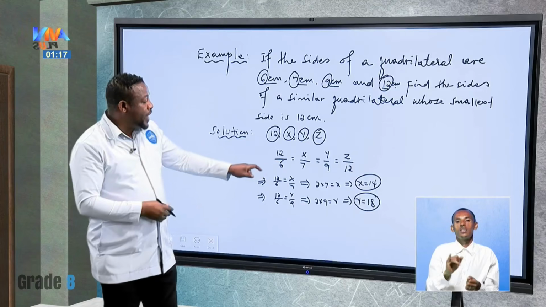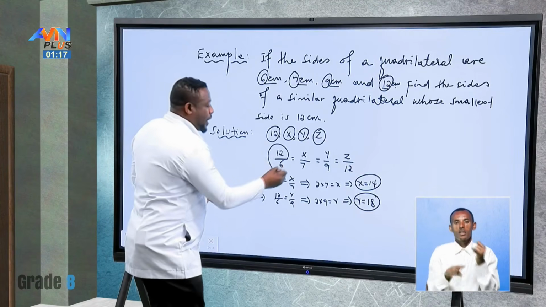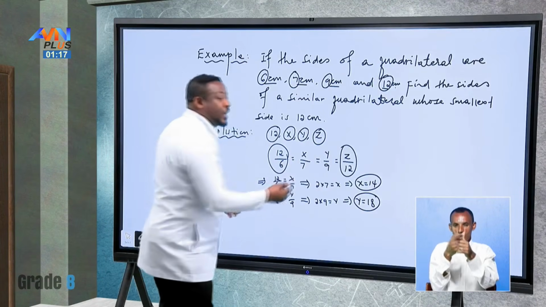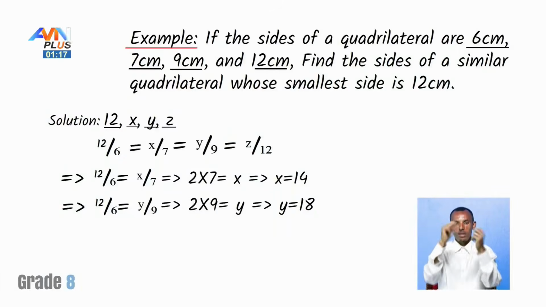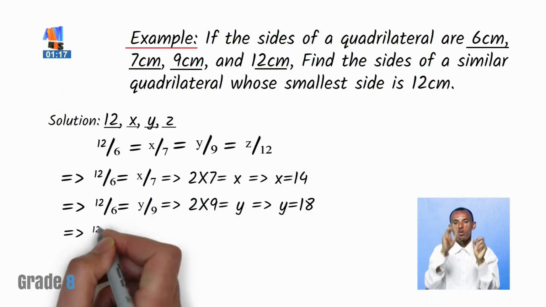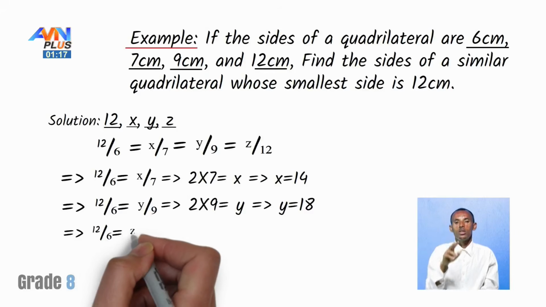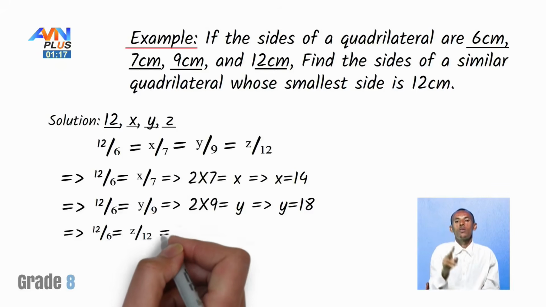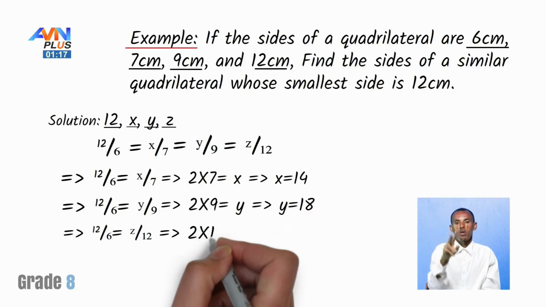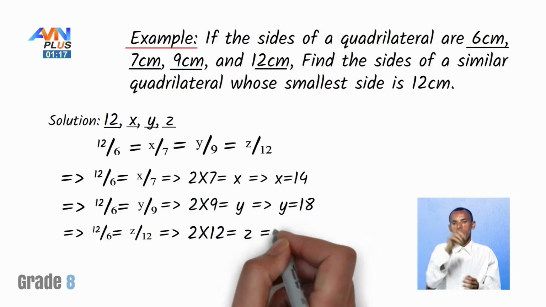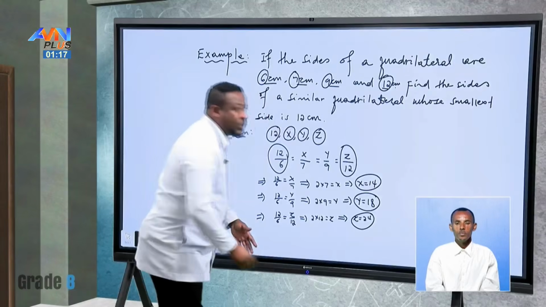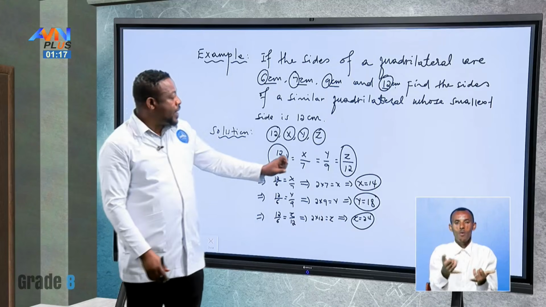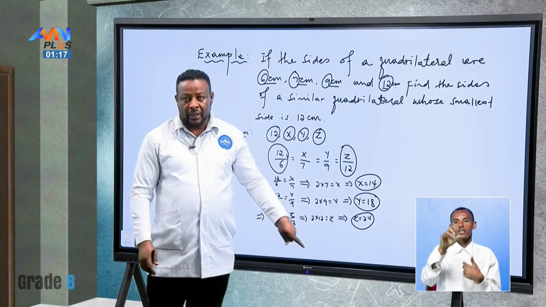Lastly, we can take this one and this. You can equate these two terms. Then you will have 12 over 6 is equal to z over 12. So this implies 2 times 12 is equal to z. So this implies z is equal to 24. Okay, so now we have x, y, z.